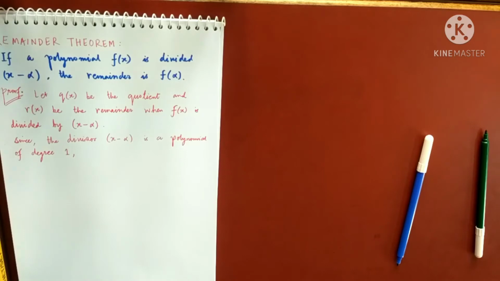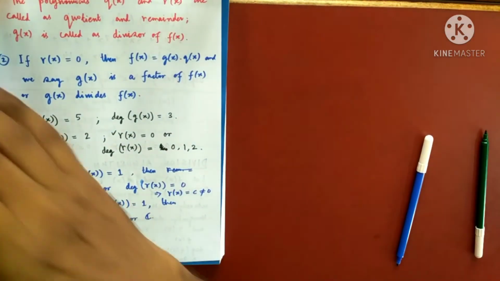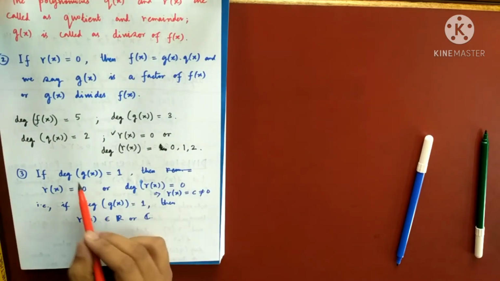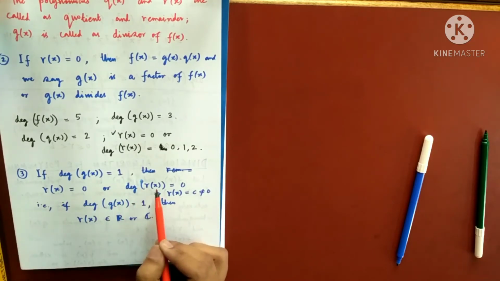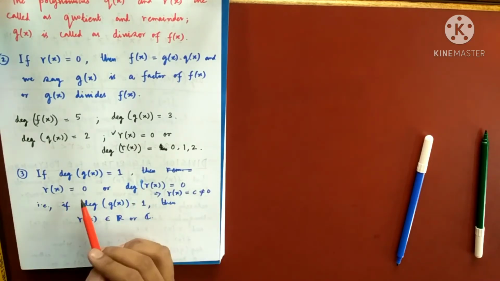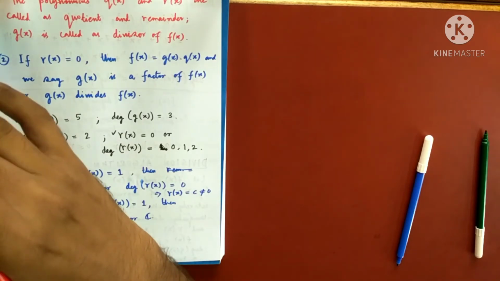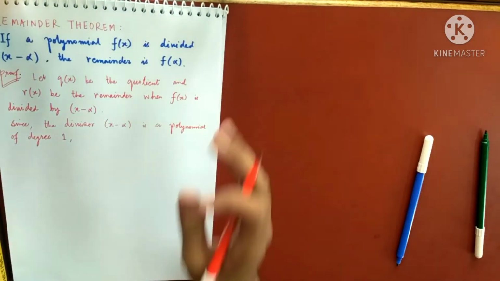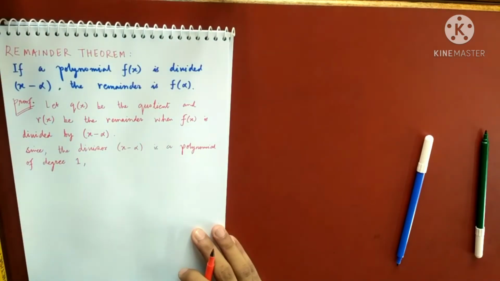As I said in the last class, the last point: if the degree of g(x) equals 1, then r(x) is either 0 or of degree 0. That means in any case, r(x) is going to be a constant. It will be a real number and will not depend upon x. So since the divisor is a polynomial of degree 1, the remainder will be a constant.